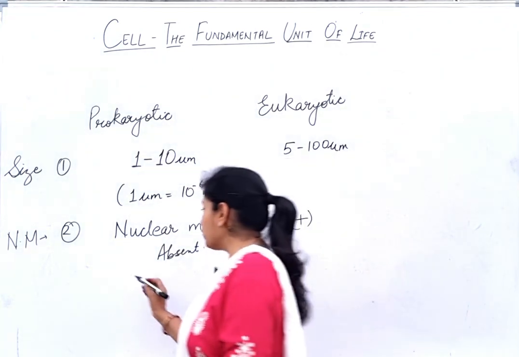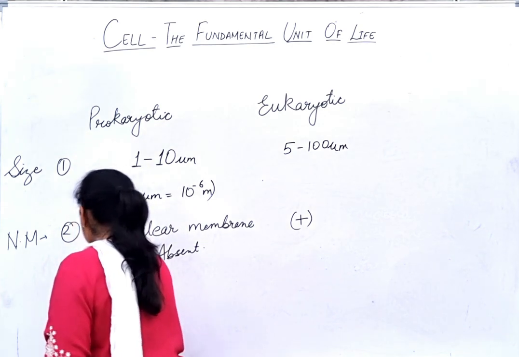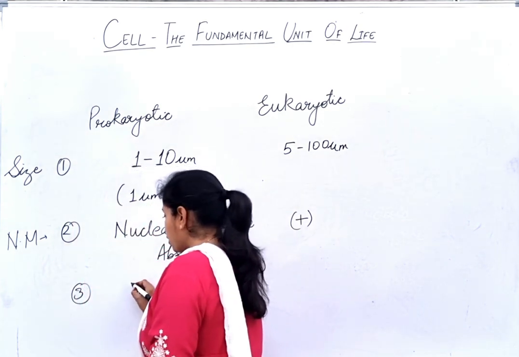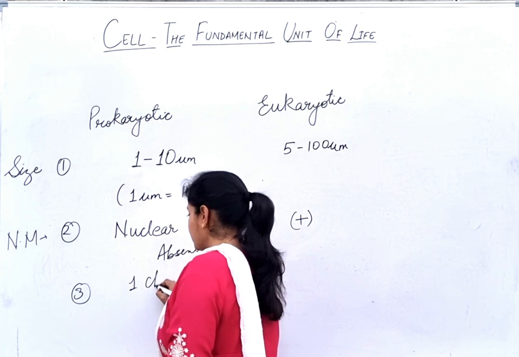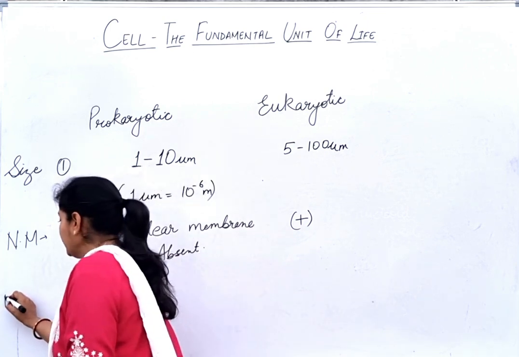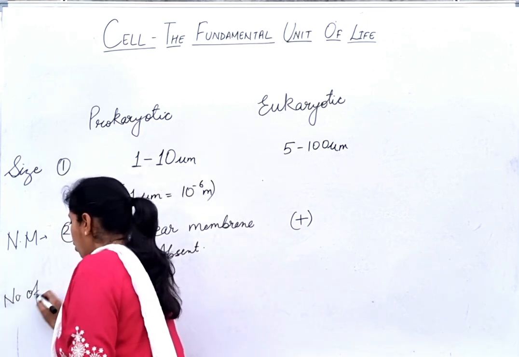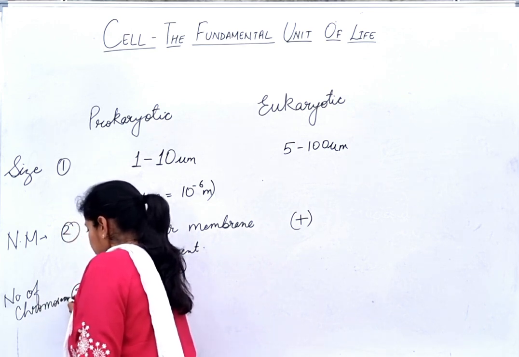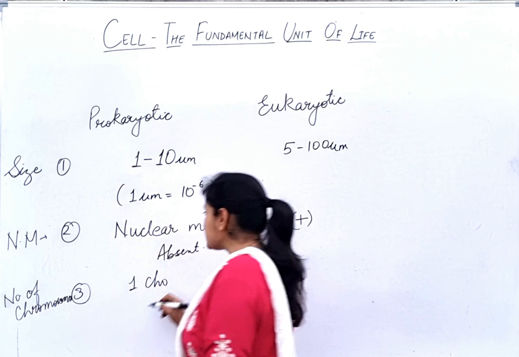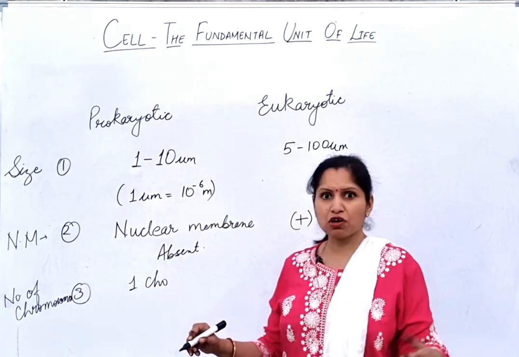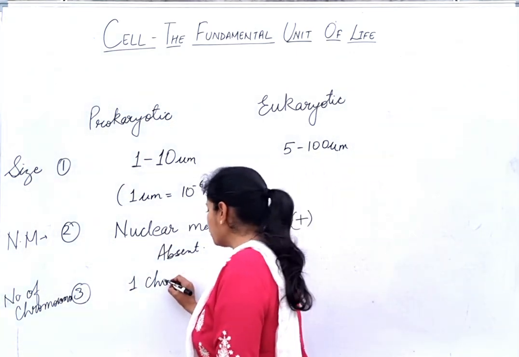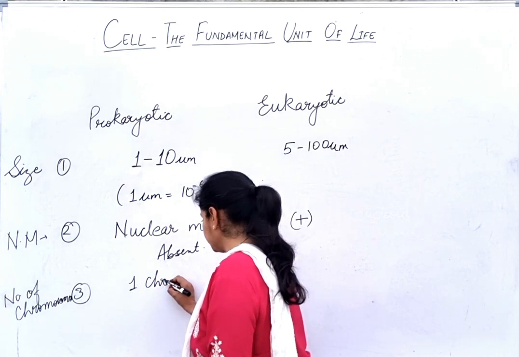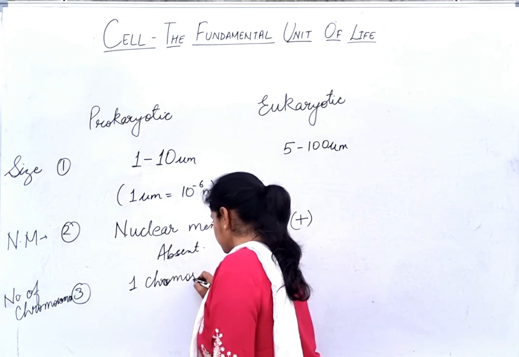Okay. Now, if we talk about the number of chromosomes, in prokaryotic organisms it is just 1. So the third point will be number of chromosomes. In case of prokaryotic organisms, how many chromosomes are there? 1 chromosome is there.